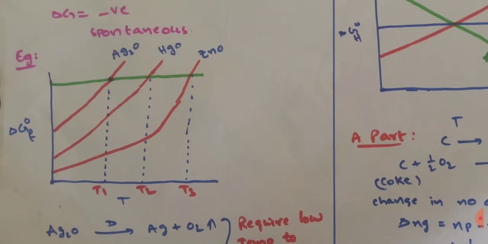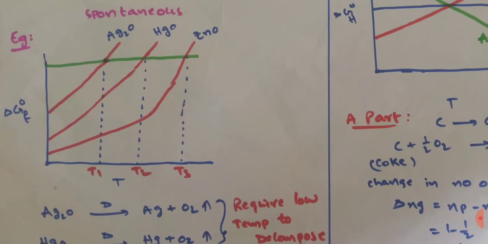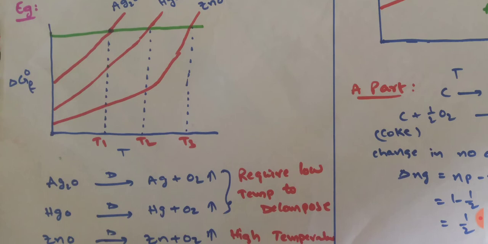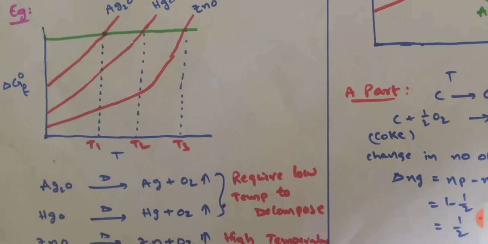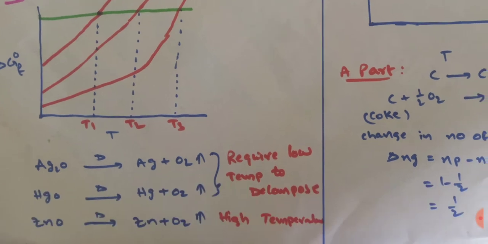That's why we observe the low temperature values, T1 and T2. But zinc oxide is decomposed at a temperature T3. So the decomposition temperature of zinc oxide is higher than that of silver oxide and mercury oxide. In order to convert zinc oxide into zinc and oxygen, we have to produce high temperature.